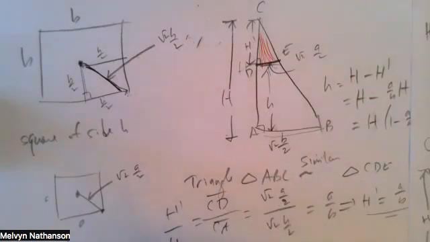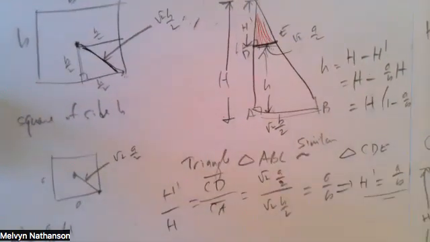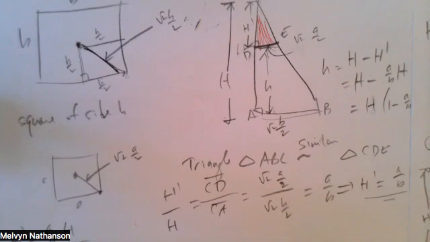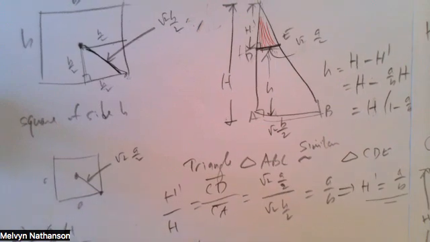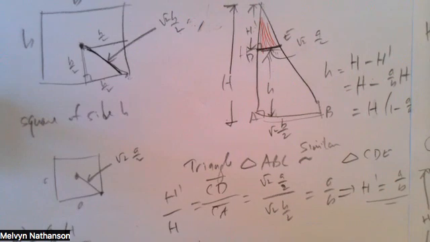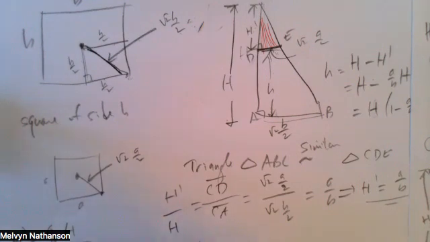So looking at this picture, the volume of the big pyramid is 1/3 H B squared. The volume of the small, that's the red pyramid, is 1/3 H prime B squared.